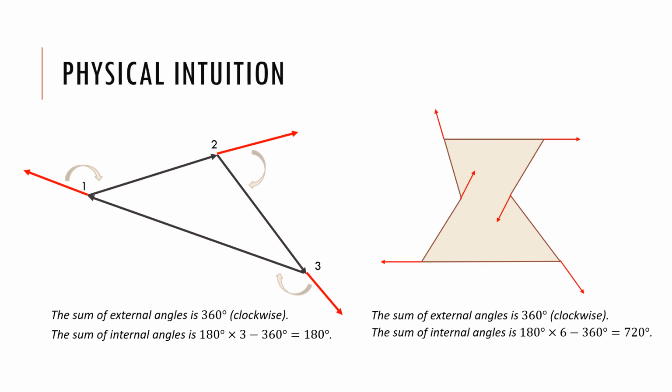Same thing with a hexagon: I have 6 angles, or I'm making 6 turns, so that's 180 times 6 minus 360, that gives me 720. So you can actually interpret this physically as well, just knowing that to make a full trip, you make a 360 degree turn in the change of direction, and from that you can deduce that the sum of internal angles must follow this kind of formula pattern.